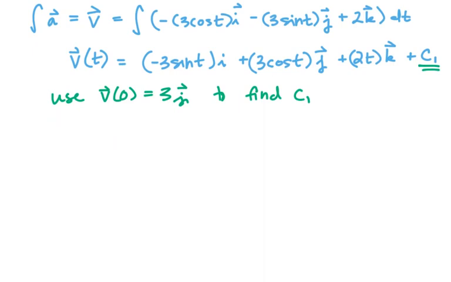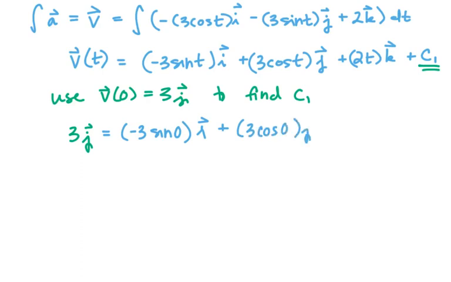So if I plug in 0 for t, I know that the vector 3j will equal negative 3 sine of 0 times the vector i plus 3 cosine of 0 times the vector j plus 2 times 0 times the vector k plus c sub 1. Now we know that sine of 0 zeroes out and 2 times 0 zeroes out.